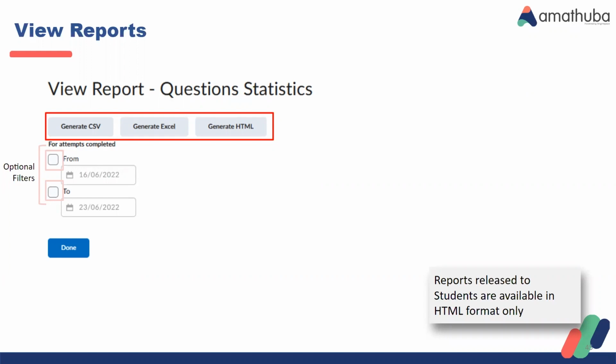If you make question statistics available to students as well, just note that they don't get the option of CSV and Excel, they don't get the downloadable options, they just see the generated HTML, which is on the page within Amathuba itself. You can, if you want to, optionally apply some filters if you're looking for statistics around specific dates and put from and to, but you can leave these completely blank as well to get a comprehensive overview of question statistics.